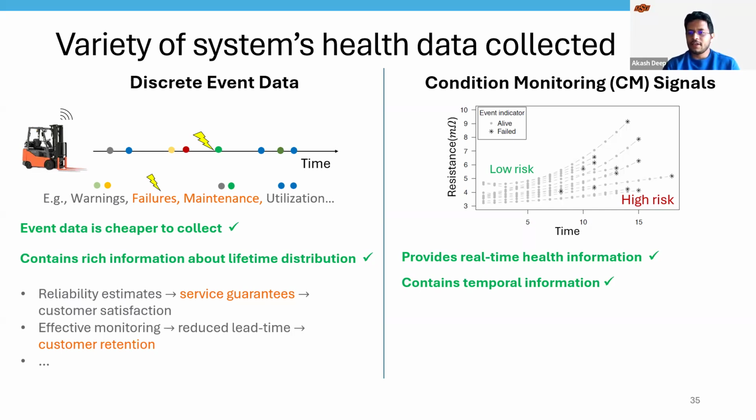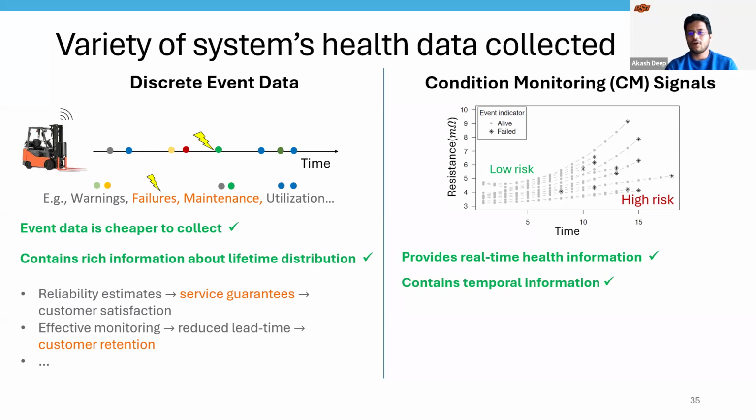And so the good thing is you're collecting it very often. It provides real-time health information of what is going on. And it tells you all about the dependence with respect to time. So you can see those trends, which are not really visible in the event data. But again, on the event data, you can collect a lot of types of things. For condition monitoring signals, you will need to have a lot of sensors.